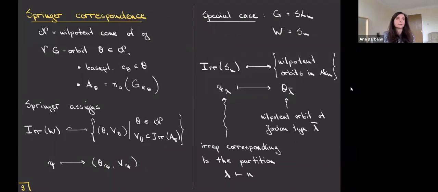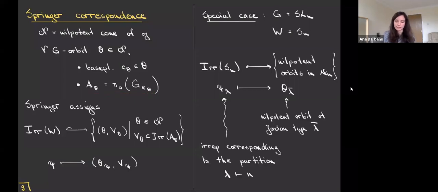But the bottom line is that we want to give some impression of which Weyl group representations appear in this cohomology ring by using the Springer correspondence, which is a correspondence that identifies irreducible representations of the Weyl group with what are called nilpotent orbital complexes. So to every irreducible representation of W, I assign a nilpotent orbit O and an irreducible representation of the component group of the associated centralizer.